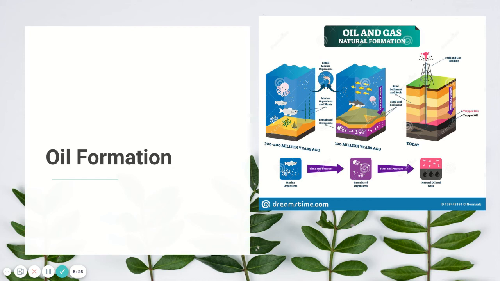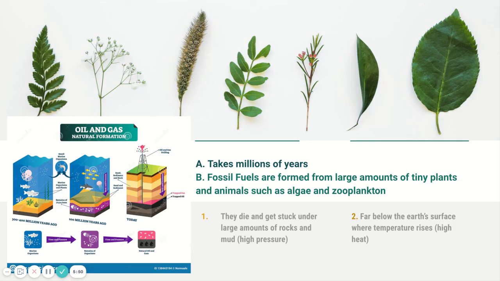Anything that was organic will eventually decompose, and over millions of years and a lot of pressure and a lot of heat, all of those once living organisms deteriorate over time, and eventually they get turned into oil. That's why we call them fossil fuels, because it's a fuel that came from a fossil. It does take millions of years, and they are formed by large amounts of tiny plants and animals.